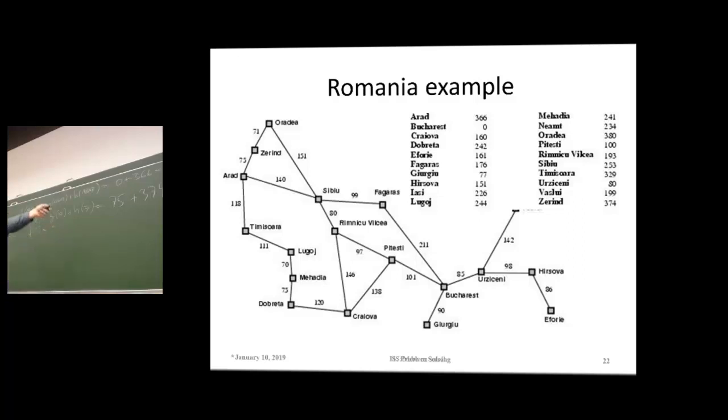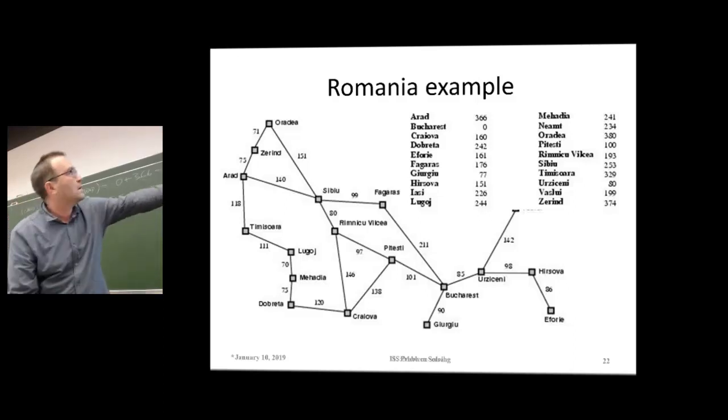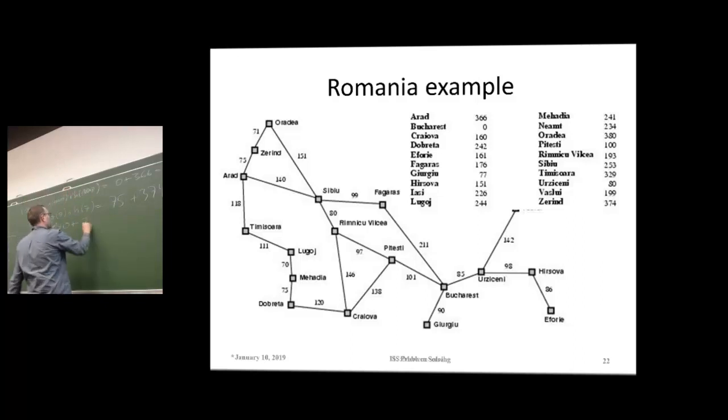Let's do it. Its g value is 140 plus 253 is 393, and the last one is f of T, 118 plus 329 or something like this.